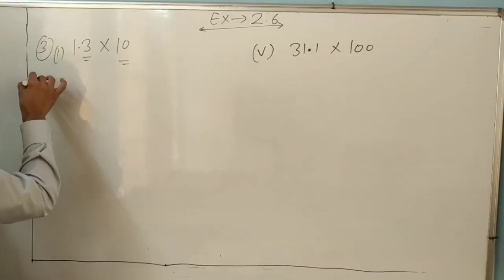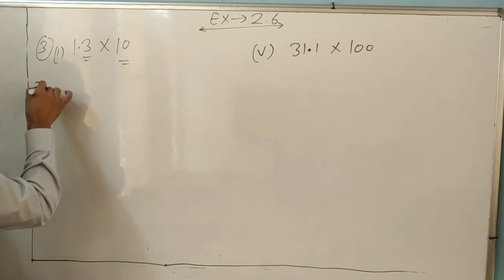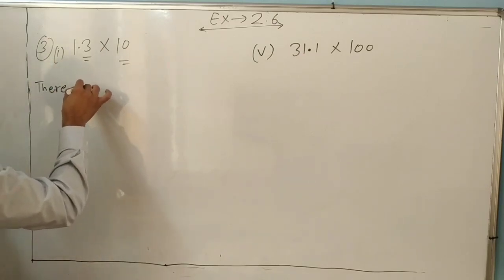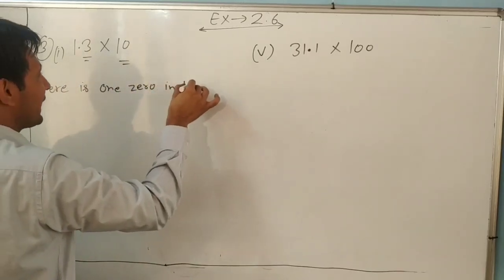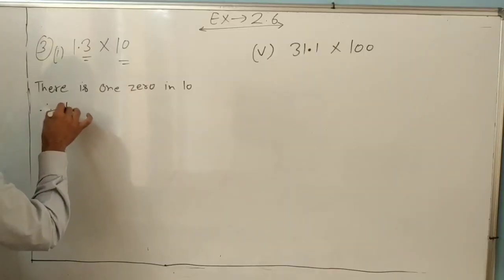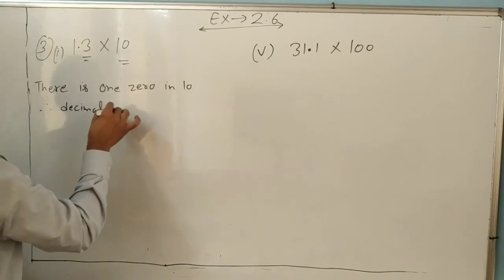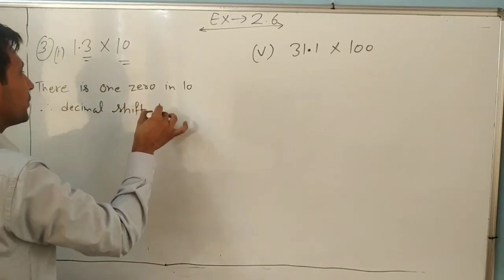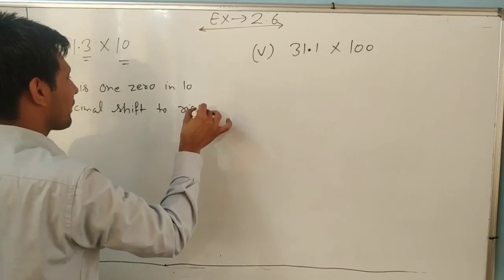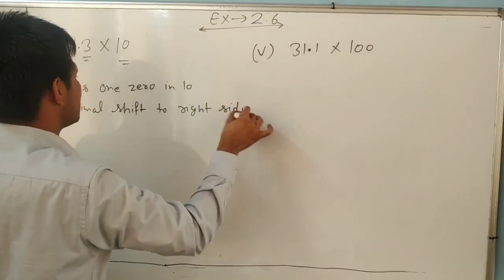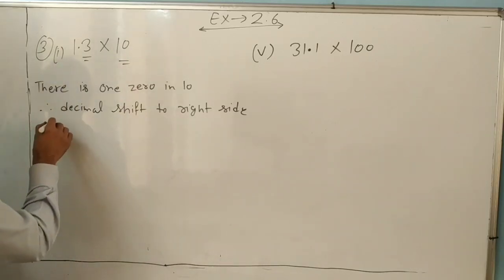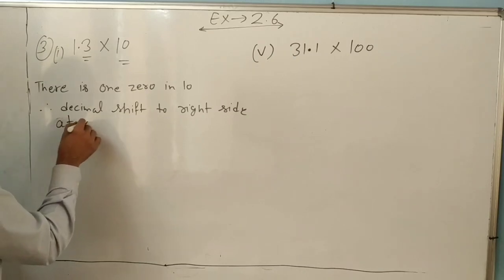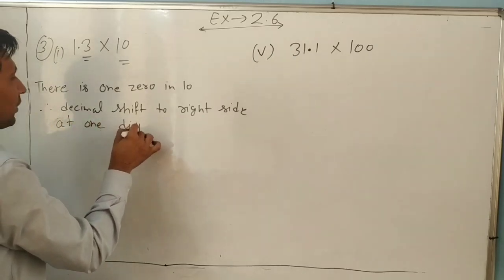We will always write that there is 1 zero in 10, therefore the decimal is shifted to the right side by 1 digit.